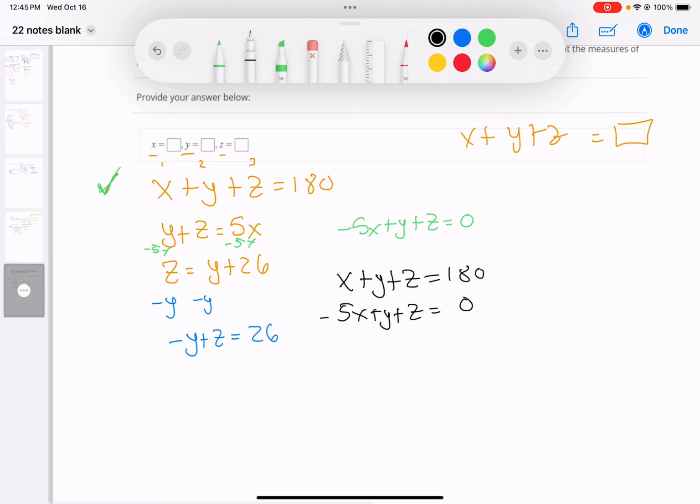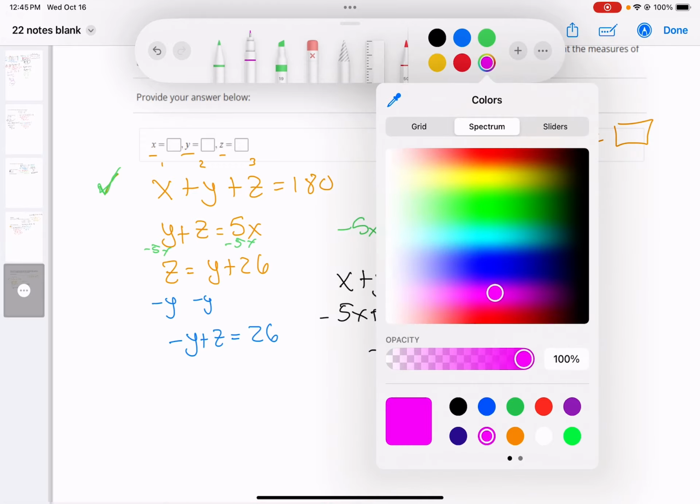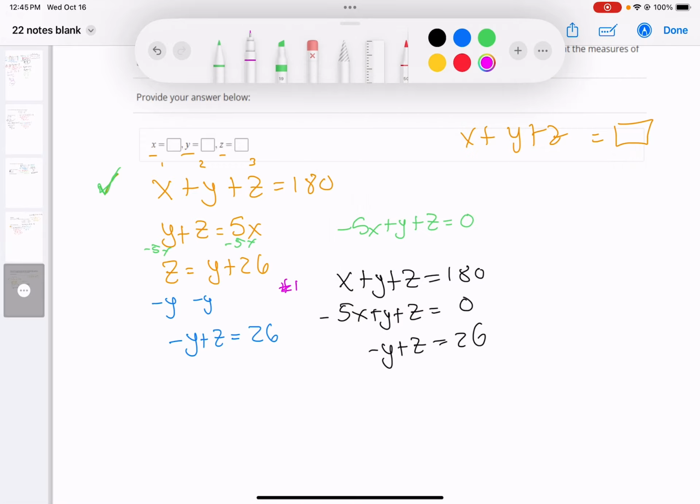And then the last one, I've got negative y plus z equals 26. Now, if we notice, this third equation already is missing an x. So I've got number 1, number 2, and number 3. So that's awesome. So what I can do is take the first two.